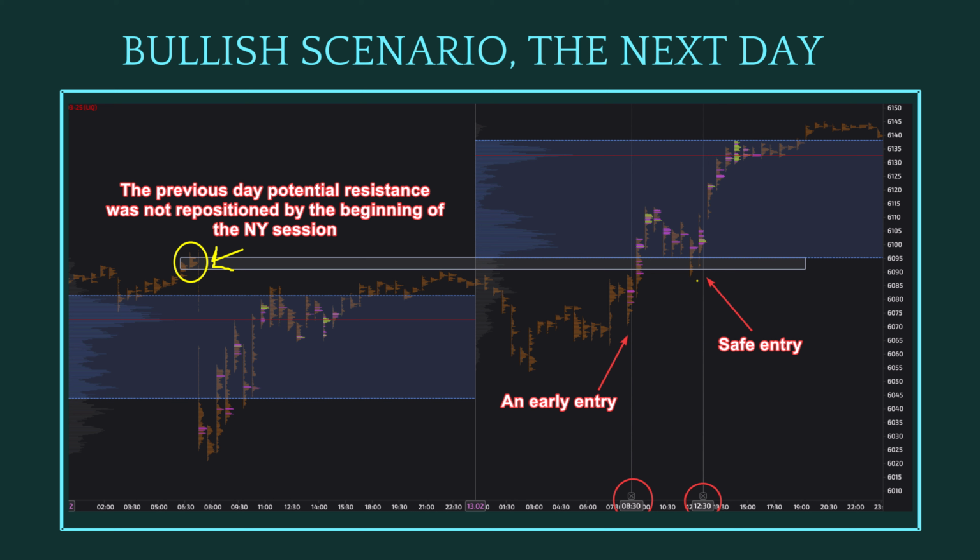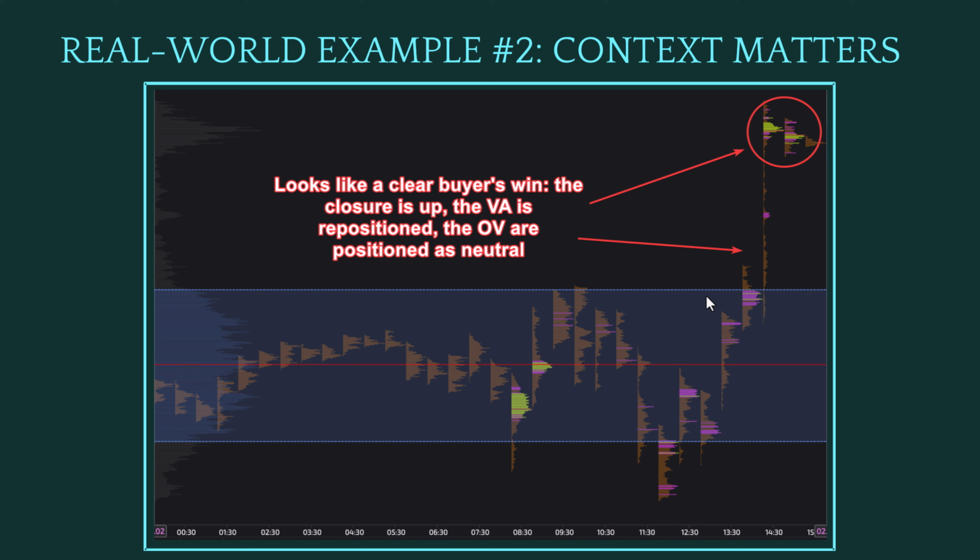Okay, let's move on. These processes don't always work like you just saw. Everything looks perfect, like the buy has won. We see a volatile day with a clear closure up, with volatility outside the value area.